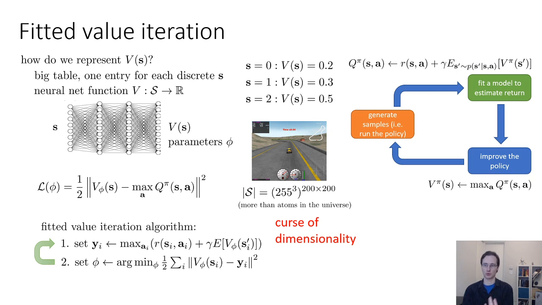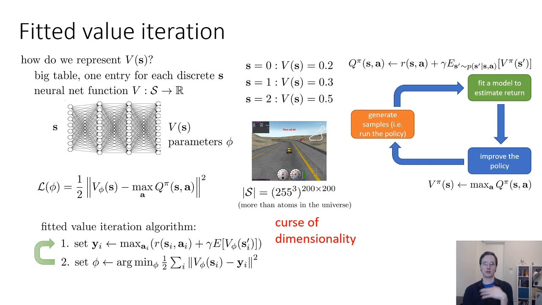So the Q value is the reward plus gamma times the expected value of the next state. We don't represent the Q function explicitly here. We just compute it as we go to evaluate the max. And that gives us our target values y. And then we solve for phi by doing least squares regression so that V phi of s i is close to y i. So this is fitted value iteration.